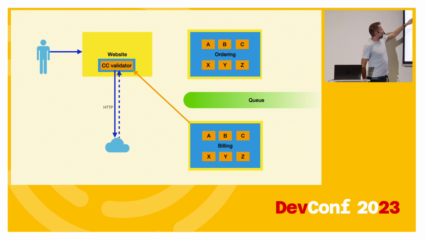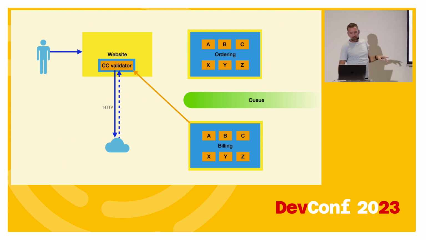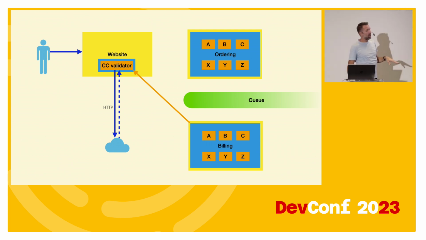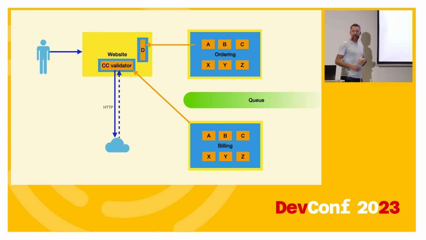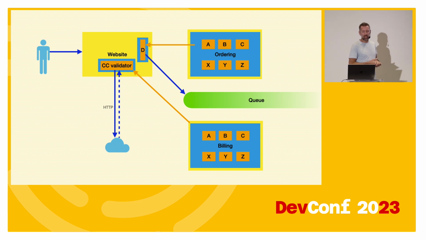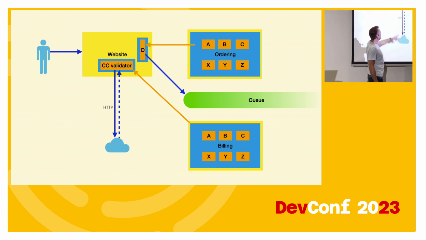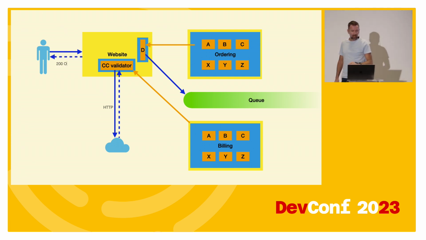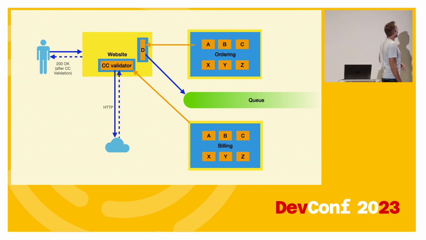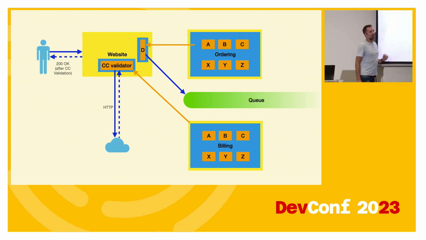In the same way, ordering might consist of various components that are running on a server somewhere. It can also deploy a component into the website, D, and it is that component that puts the message on the queue. So now we've confirmed that the credit card's good to go, we've put the message on the queue, and now we can give back that 200 OK, and this time it's after credit card validation.